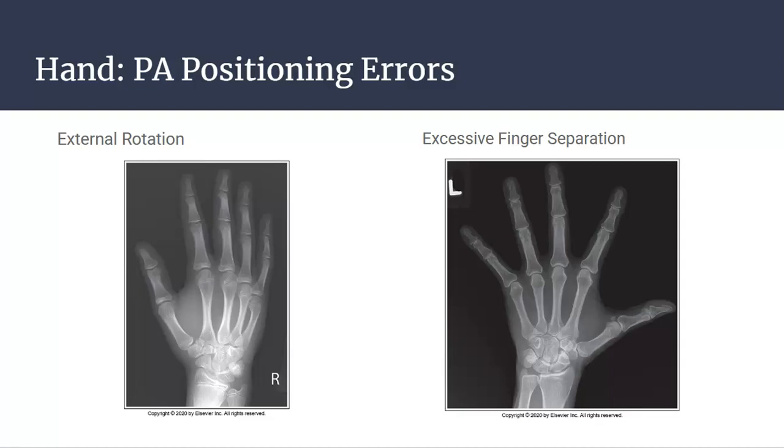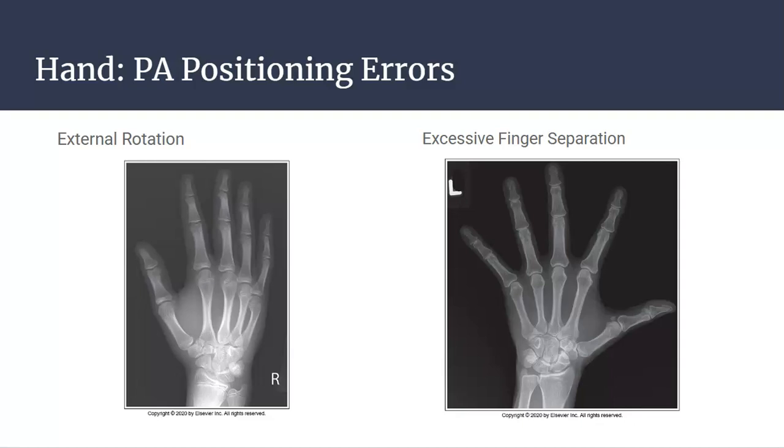The first image here is an example of a PA projection positioning error where the hand is in external hand rotation. When the hand is not fully extended and brought flat against the IR, but remains slightly flexed, external rotation is likely to occur.